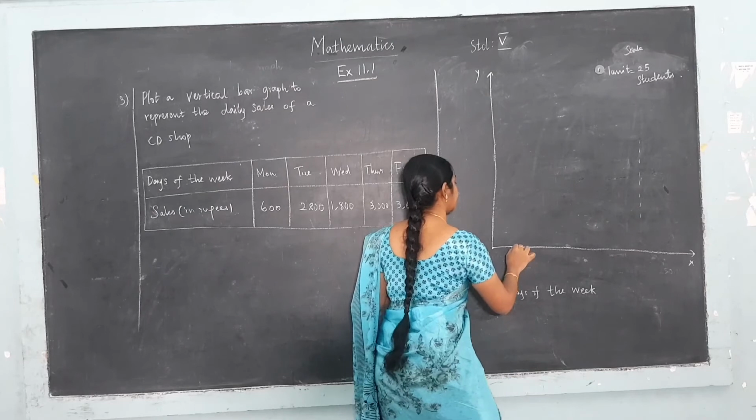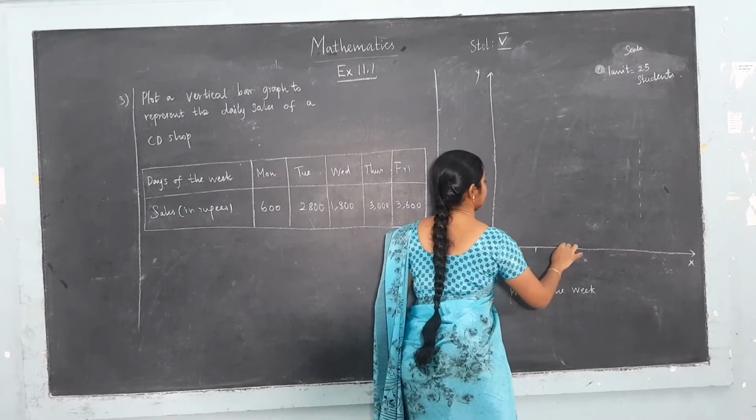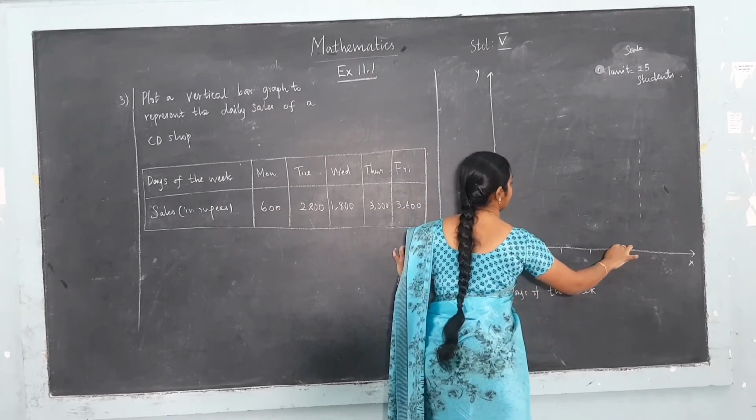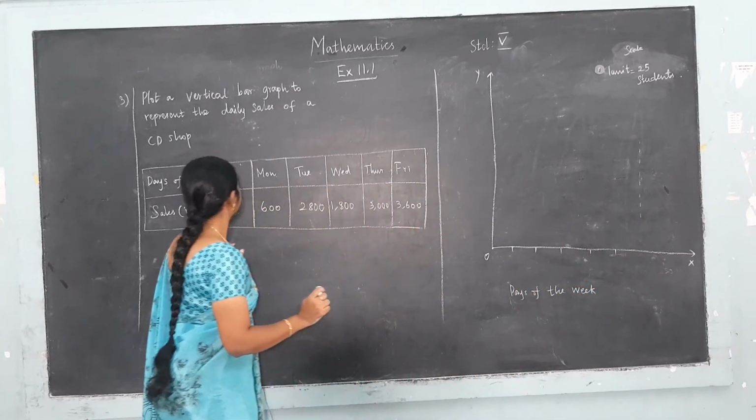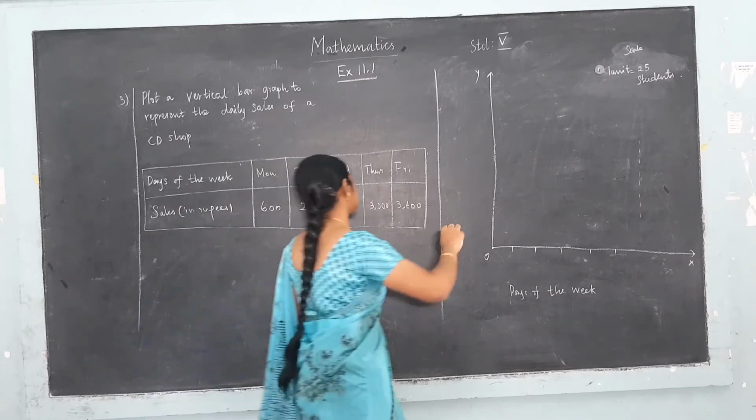Divide equally. And in y-axis we have to represent sales.